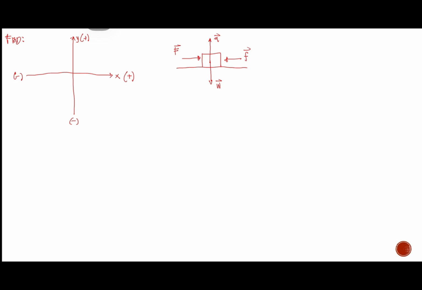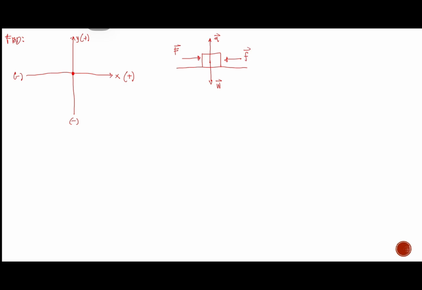Okay, now let's go back to our free body diagram. For our free body diagram, instead of sketching the box or the object, we will just use a dot at the center of our Cartesian plane. We will assume that that is our object or our box.